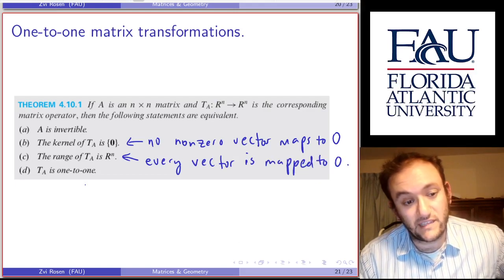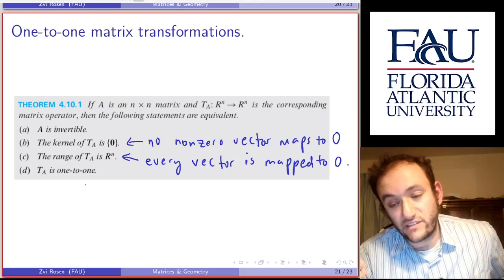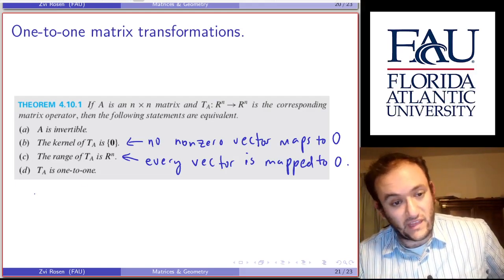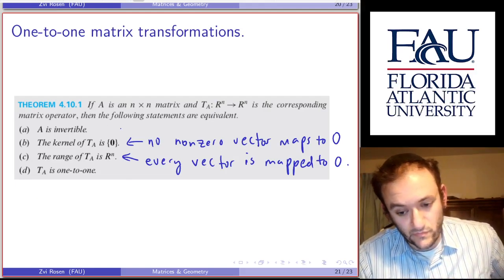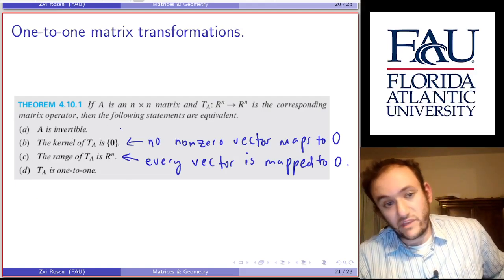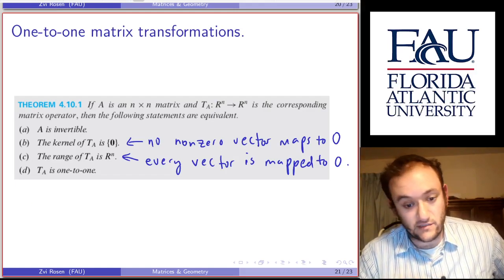Okay, and TA is 1-to-1 means that every vector gets paired to exactly one other vector. And this is a straightforward consequence of the other two. Okay, so 1-to-1 matrix transformations, to summarize, correspond to invertible matrices.